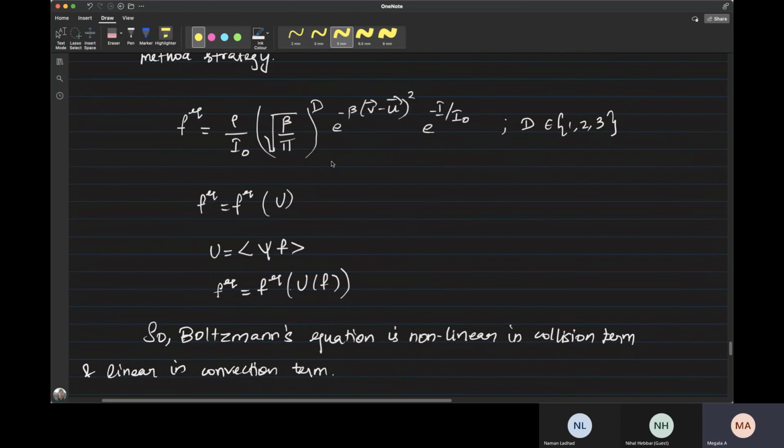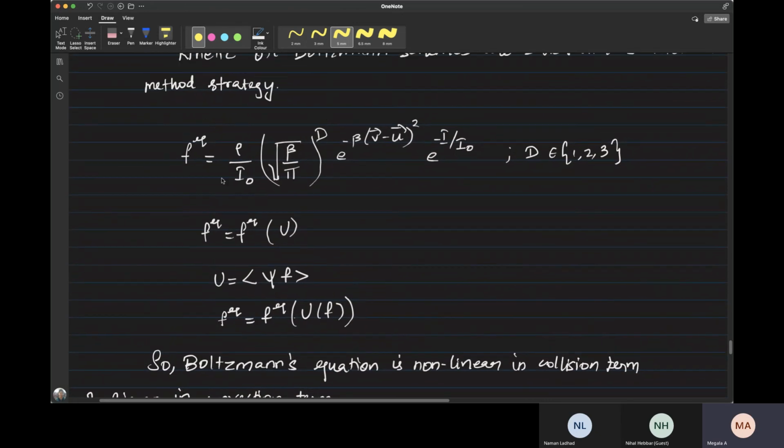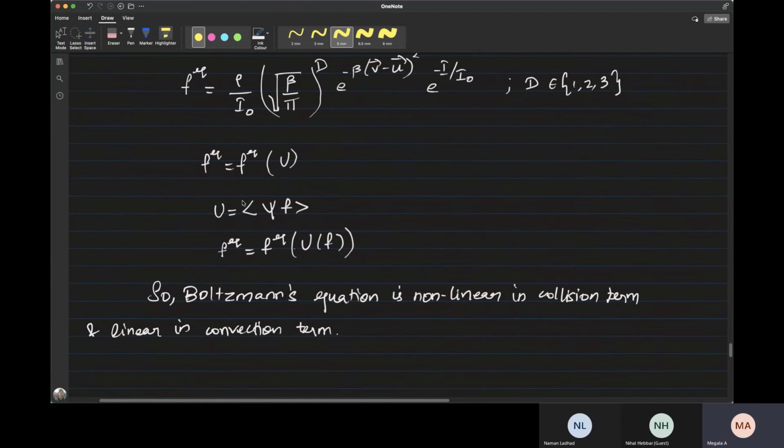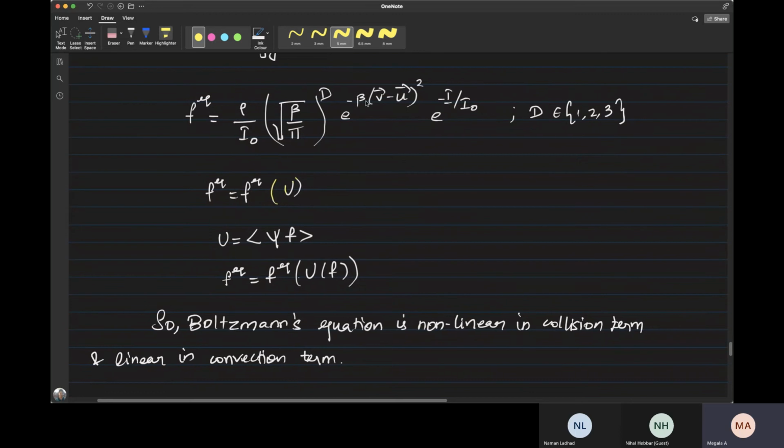And one more thing, this F equilibrium is nonlinear because we have already defined F equilibrium to be this Maxwellian distribution function, and this F equilibrium is a function of our conserved variable u. Based on this definition, we have used rho over here, we have used u vector over here, and this beta contains temperature, which can be written as energy.